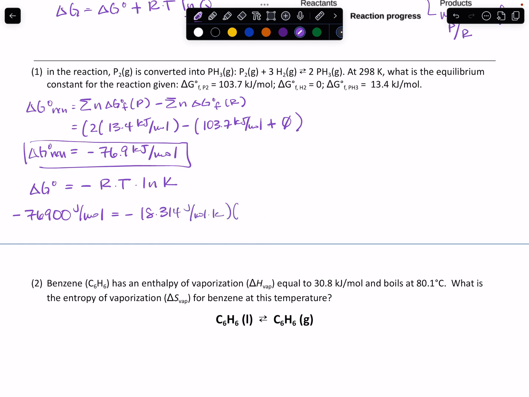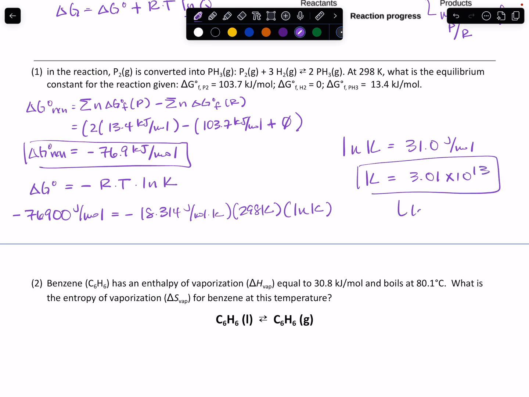Our temperature here is 298 K, and then we'll have the natural log of K as our unknown. So we plug everything in and we get the natural log of K is equal to 31.0. And we take the inverse natural log. We find that the K value here is 3.01 times 10 to the 13th.